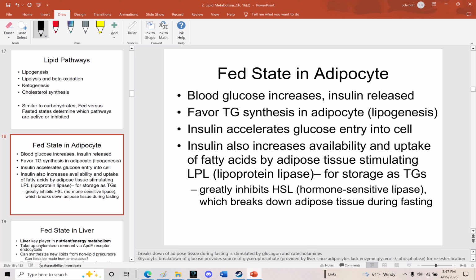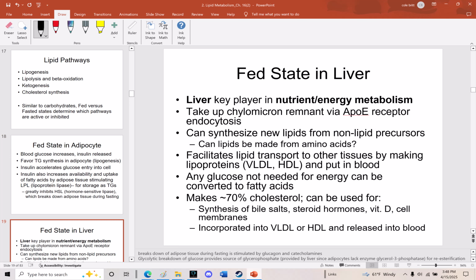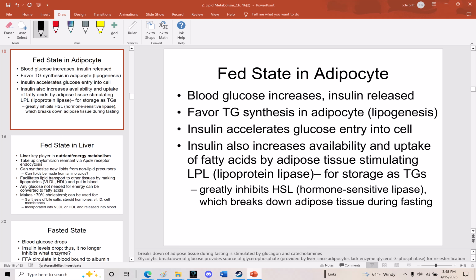So again, with these triglycerides, there's going to be this lipoprotein lipase that's going to pull the fatty acids from the chylomicron. So that's what lipoprotein lipase does.